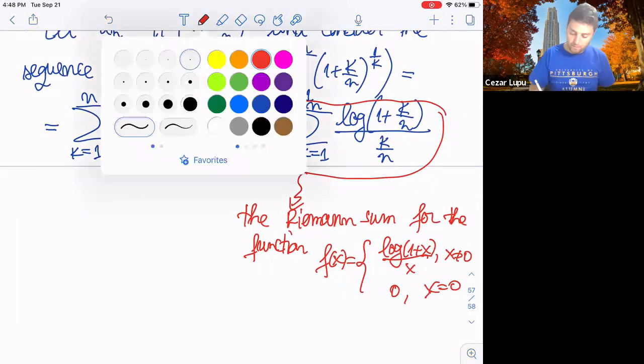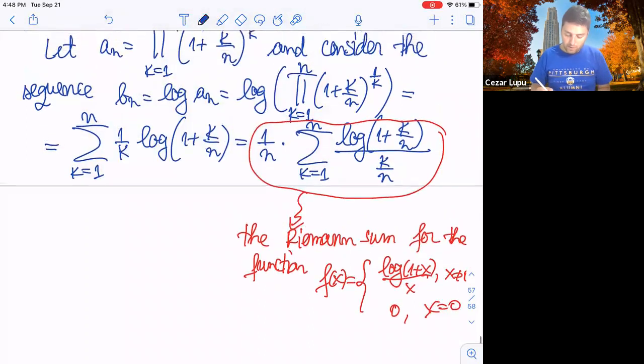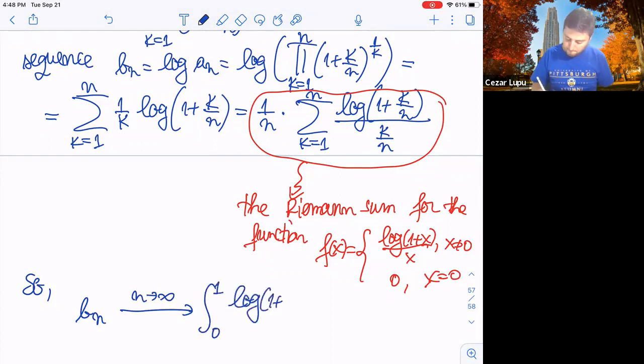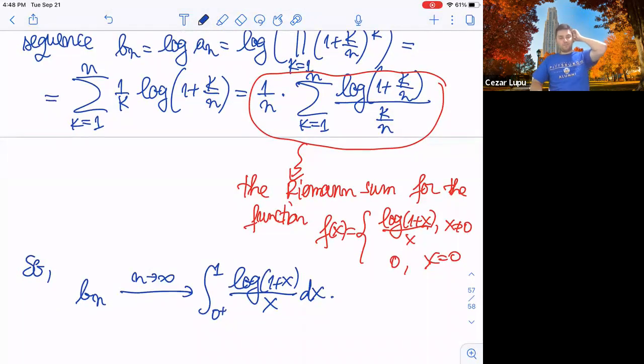So this will converge to this integral. Well, here we have a problem with 0, right? So this is like an improper integral. And we should compute it somehow.